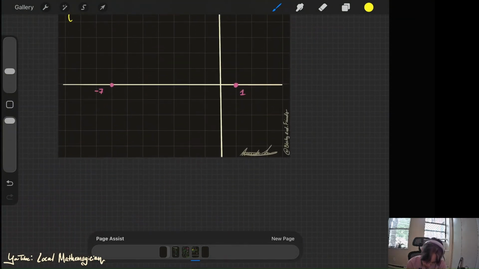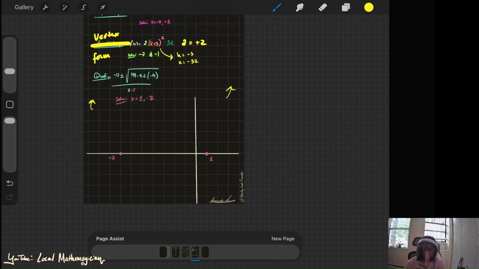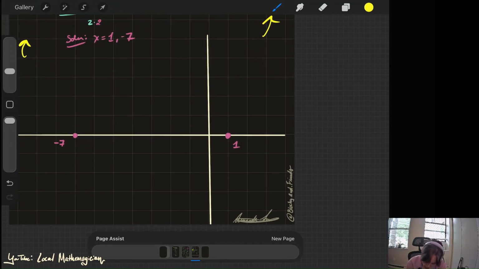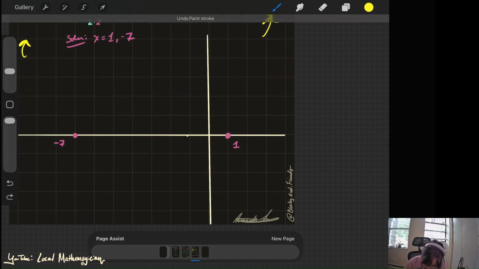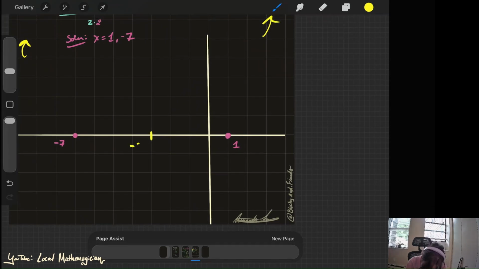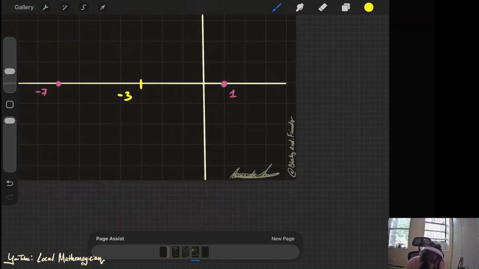If your vertex is at h equal to negative 3, that's your x value: 1, 2, 3. And let's say negative 32 lives down here.